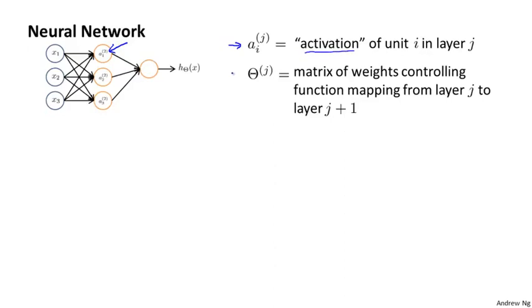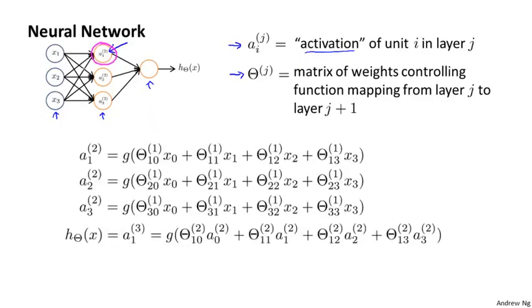In addition, our neural network is parameterized by these matrices theta superscript j, where theta j is going to be a matrix of weights controlling the function mapping from one layer, maybe the first layer to the second layer, or from the second layer to the third layer. So here are the computations that are represented by this diagram.